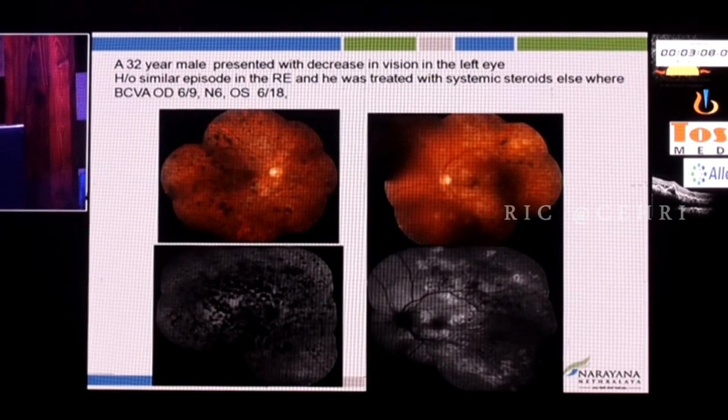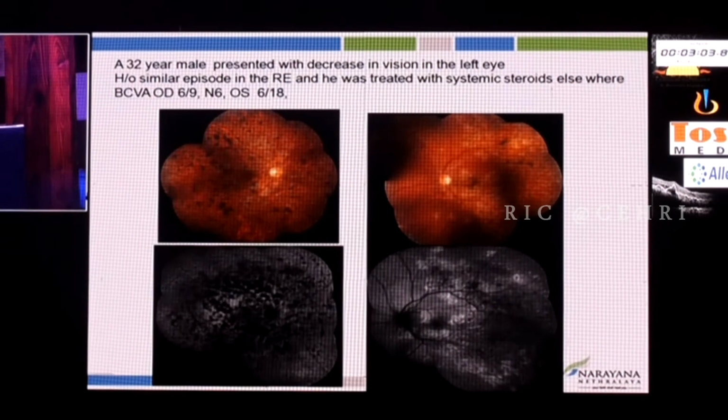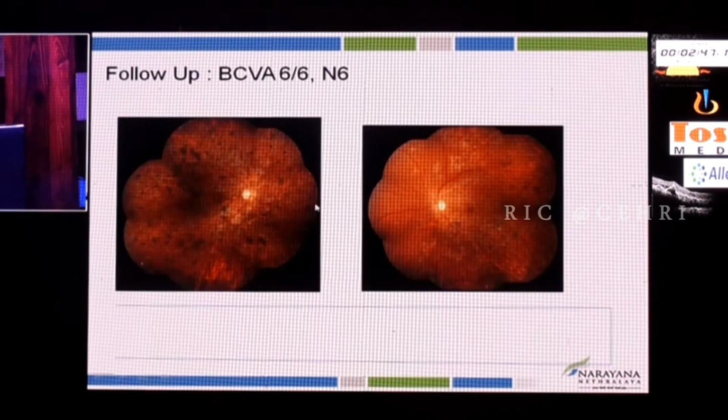Here is a case of a young male with multifocal serpiginoid choroiditis due to tuberculosis, where the right eye is healed and the left eye has active lesions. Following treatment with anti-TB therapy and systemic steroids, the patient showed a progressive worsening due to paradoxical worsening of inflammation. This was adequately controlled with anti-inflammatory therapy.